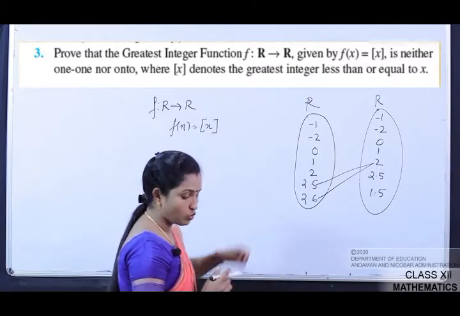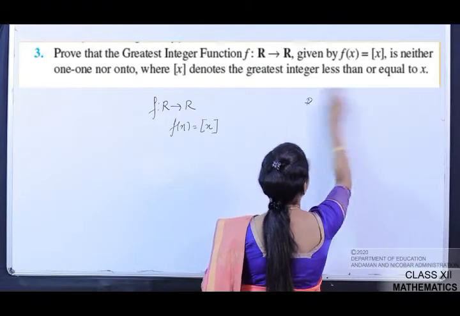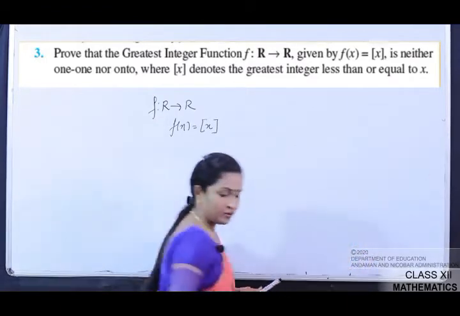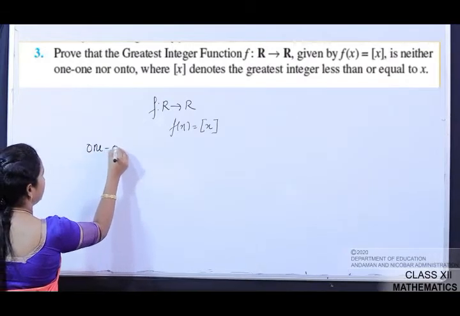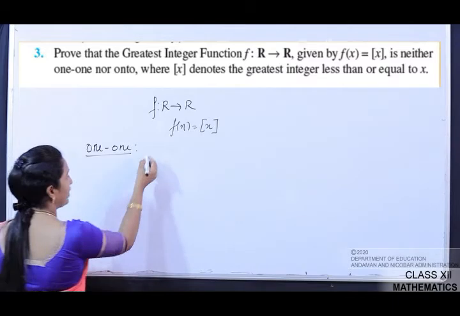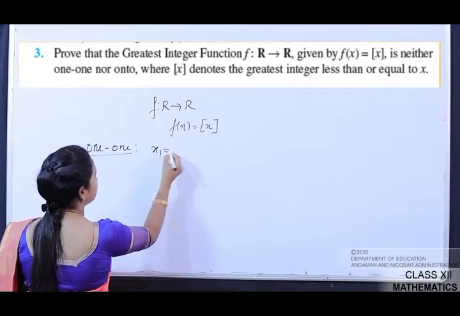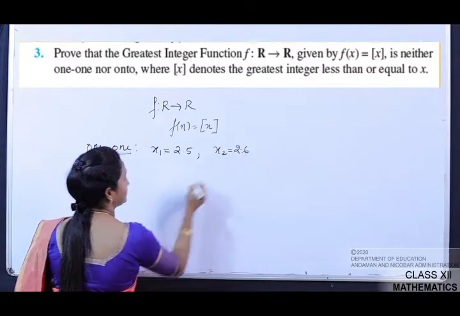Okay, but how to prove it, that is a very important part. ये तो मैंने just example से आपको समझा दिया कि ये 1-1 और onto नहीं है, but in the exam you have to write down in a different way. We will first see 1-to-1 function. So I am taking here x1 is equal to 2.5 and x2 is equal to 2.6.